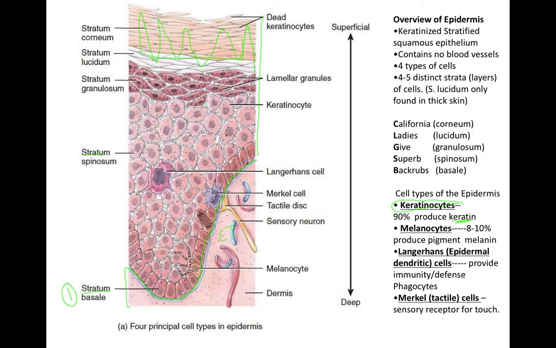Keratinocytes are 90% of all the cells of the epidermis. Remember, this is epithelium. One of the characteristics of epithelium is rapid regeneration, a high mitotic rate. So this is showing you a keratinocyte in actual mitosis right here.